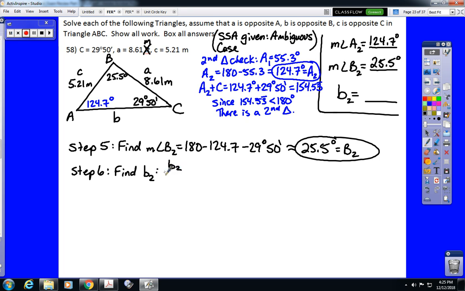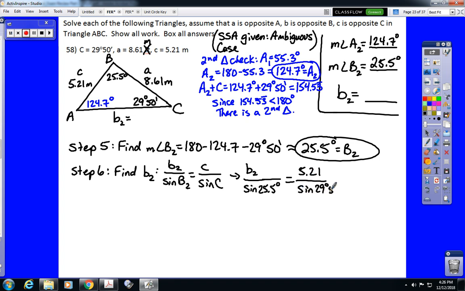So we're saying little b2 over the sine of big B2 equals little c over the sine of angle C. We don't know little b2, but we do know that angle B2 is 25.5 degrees. We know that little c is 5.21, and we know that angle C is 29 degrees 50 minutes.